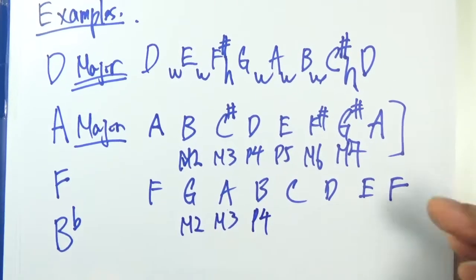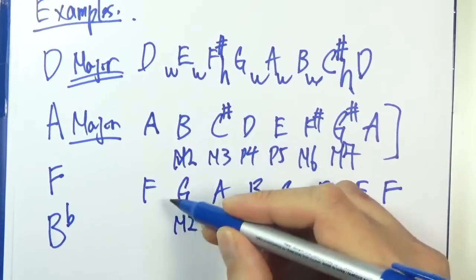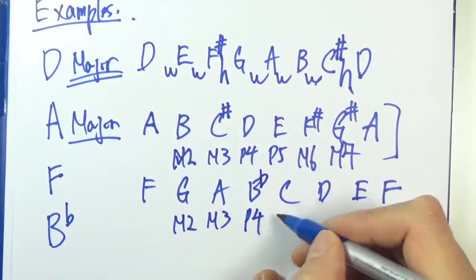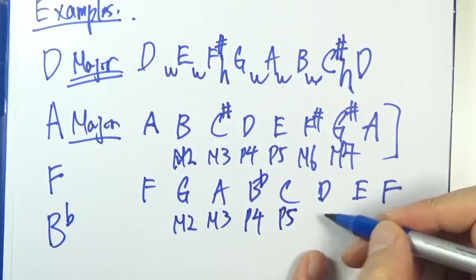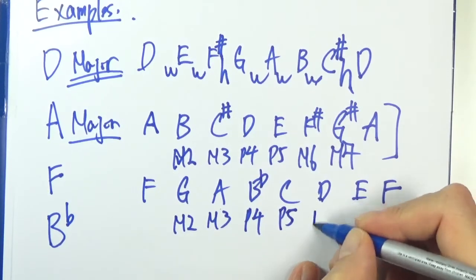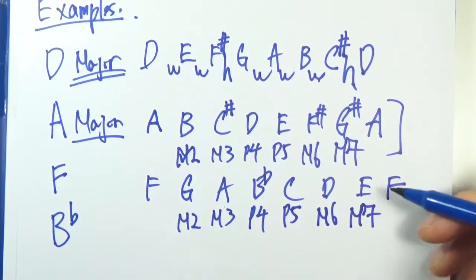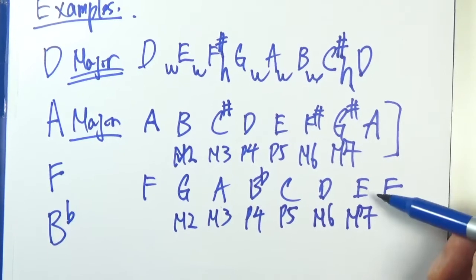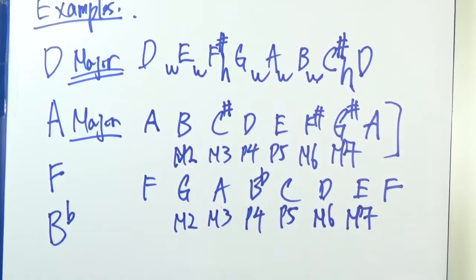You need a perfect fourth, but B to F is an augmented fourth, so I would need a B flat. C is already a perfect fifth, great. D is already a major sixth, great. Is E a major seventh? Yes, since it's only a half step down from F. So we should be good here. We just need a B flat.